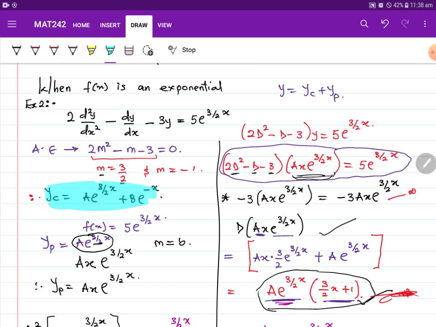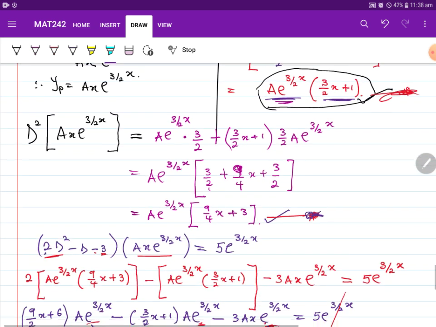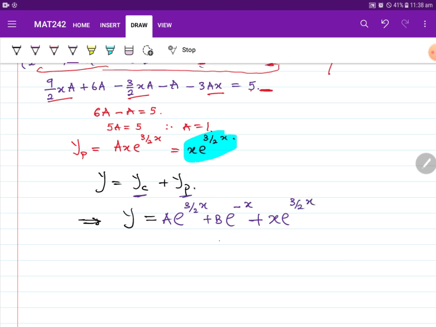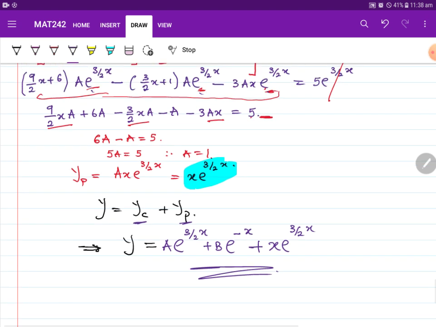So yc is A e^(3/2 x) plus B e^(-x). That's for yc. Now plus yp. What is our yp? x e^(3/2 x). Final answer. Okay, so that's how we solve that type of question.